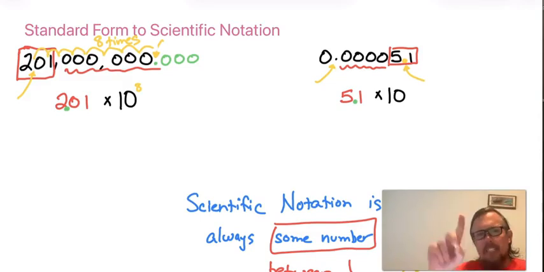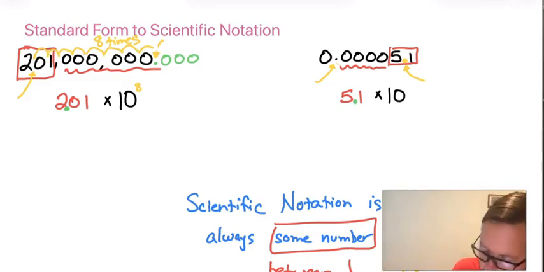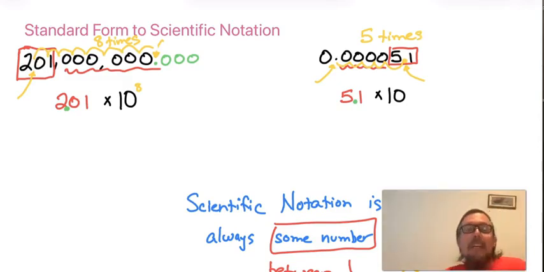How many digits did we have to move that decimal over? So let's count. We moved it 1, 2, 3, 4, 5 times. Move the decimal point 5 times. And because this is a small number, a teeny tiny number, it's going to be to a negative 5th power.